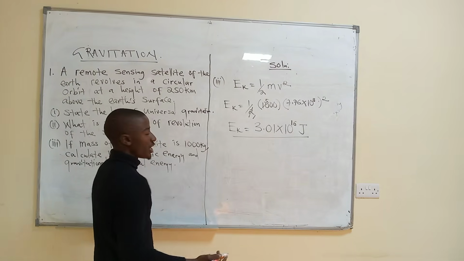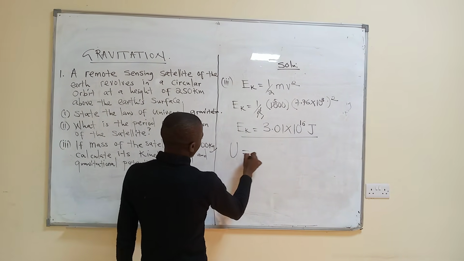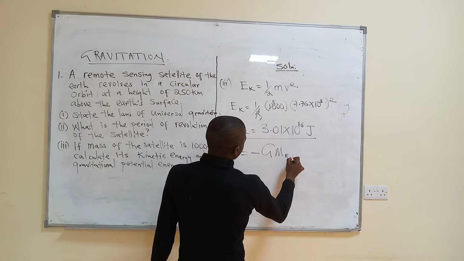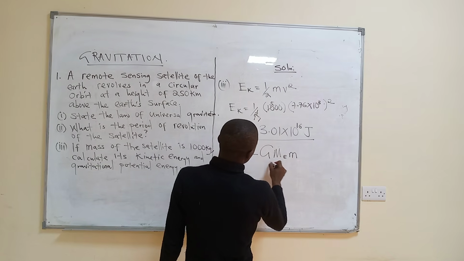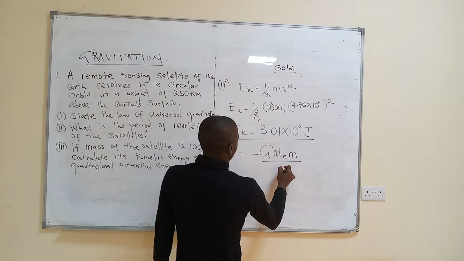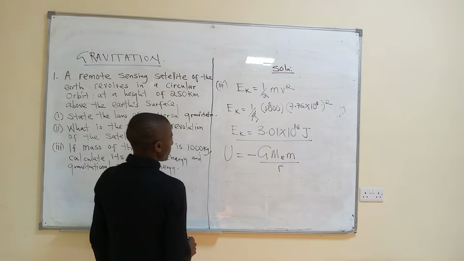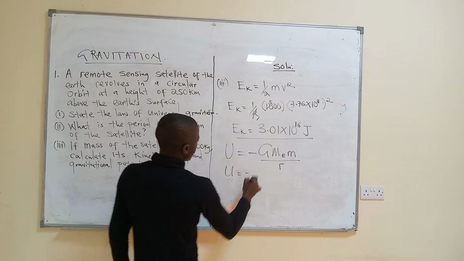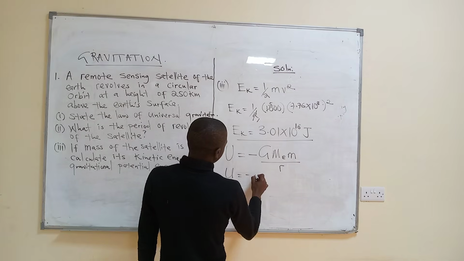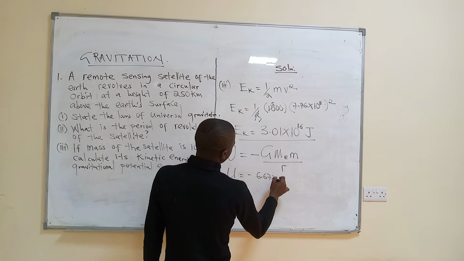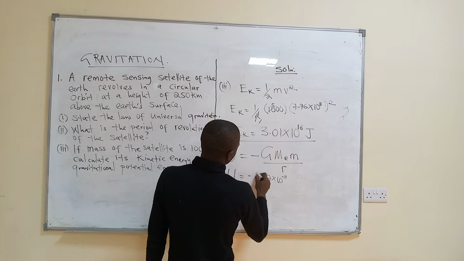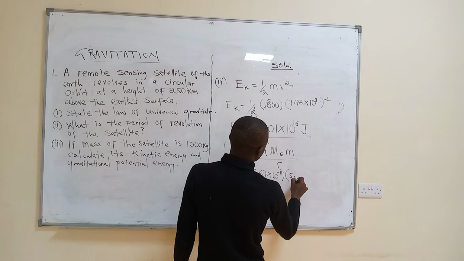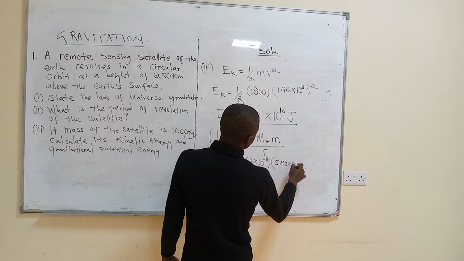Gravitational potential energy is given by U is equal to negative G, mass of the earth, times the mass of an object, over R. So gravitational potential is equal to negative universal constant 6.67 times 10 to the power negative 11, also the mass of the earth, that is 5.98 times 10 to the power 24.